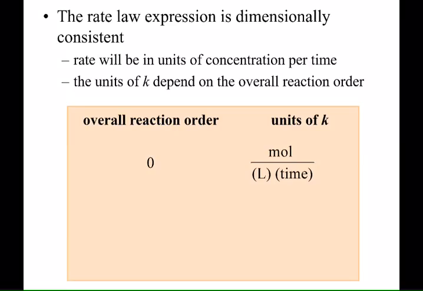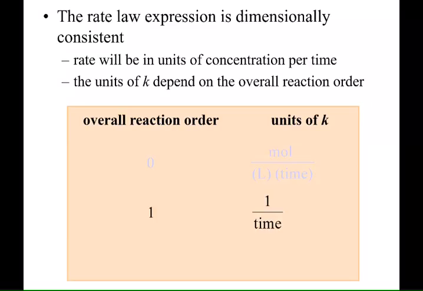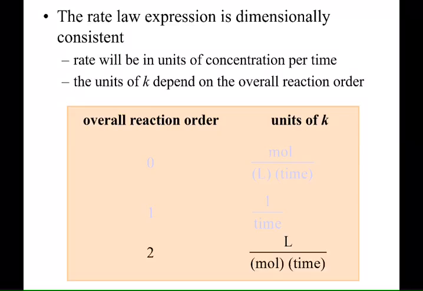Make sense? Well, if you have an overall reaction order of 1, that means that here you introduce a moles per liter. So then that means your K needs to be per time or per second to get this. Right. Yay.